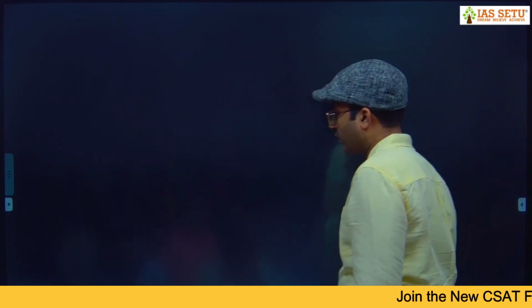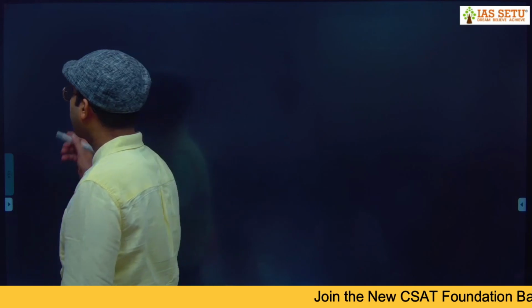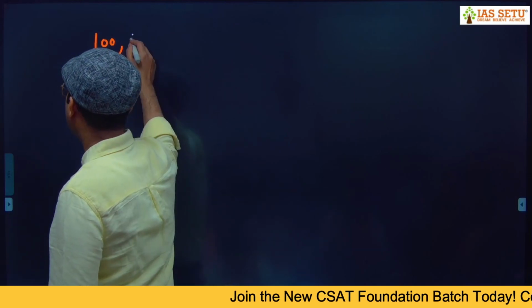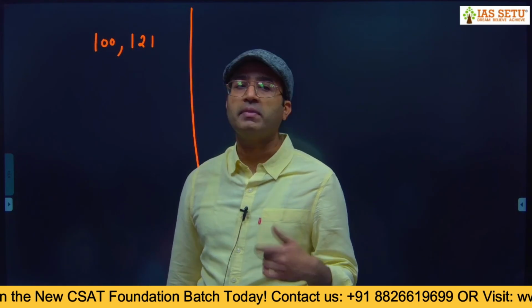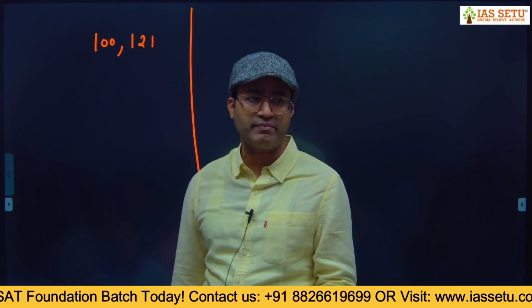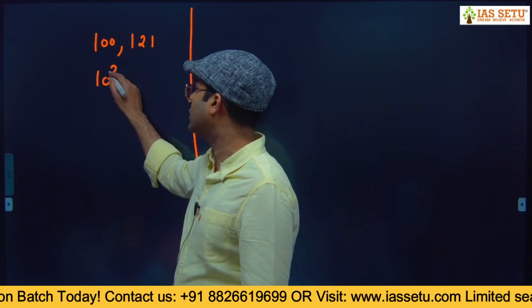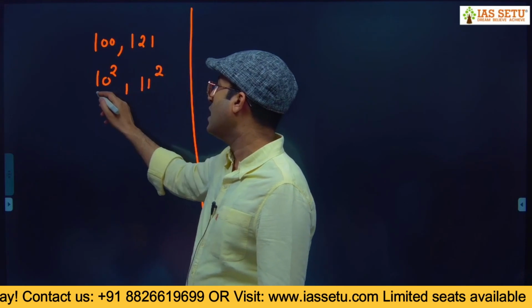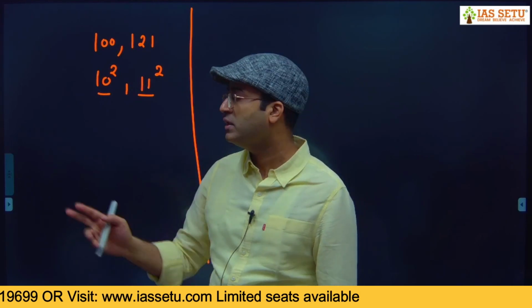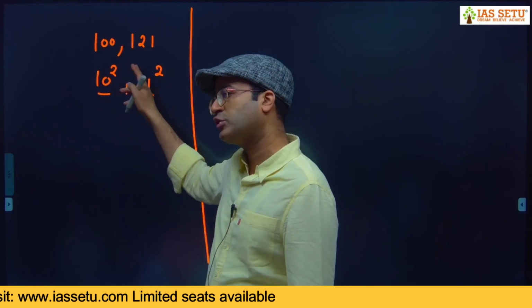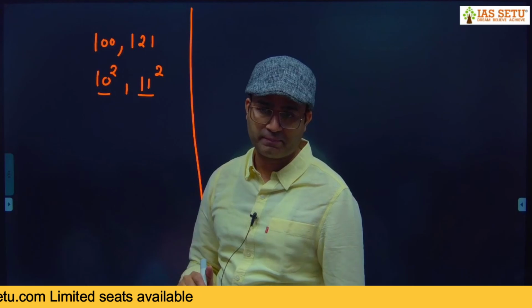So I ask you a question. For example, if I ask whether 100 and 121 are co-prime, yes or no? One method is you take factors, but sometimes taking factors is time consuming. It is 10 square and 11 square. And 10 and 11 are two consecutive natural numbers, that's why these are co-prime. Since 10 and 11 are co-prime, 10 square and 11 square have to be co-prime.